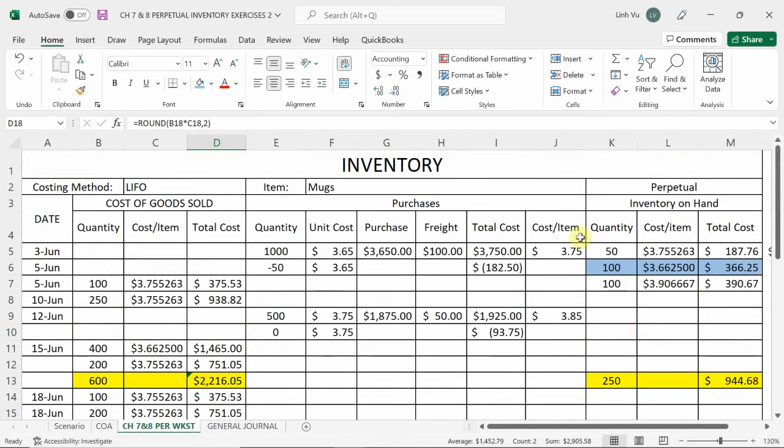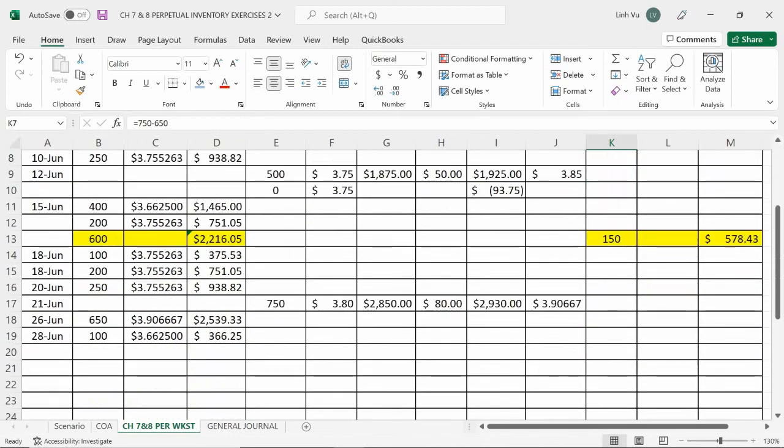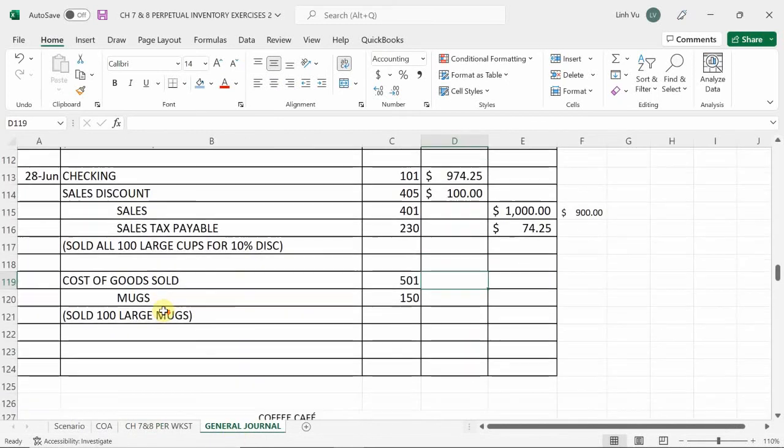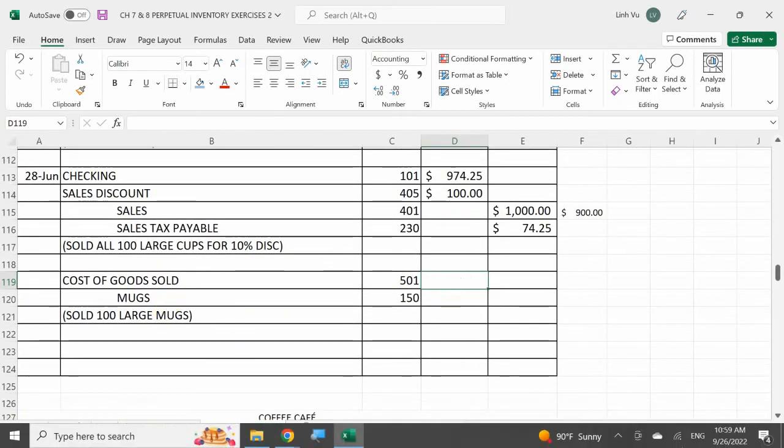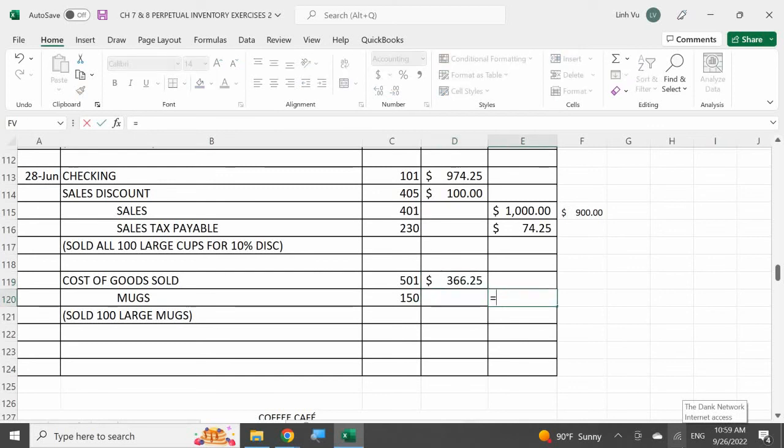Because we know that because that's exactly what's left over remaining here. So there you go. I got rid of that. Okay, and then now let's go ahead and plug our numbers in for that 366.25.